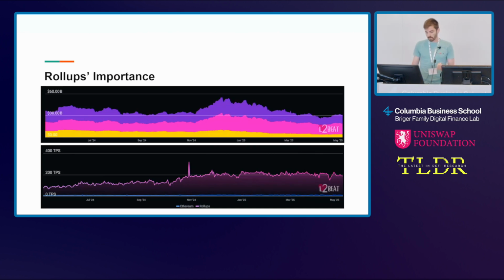But more importantly, the number of transactions per second processed by L2s is around 200, whereas for Ethereum it's 12. So clearly a large user base and a lot of funds have moved to L2s, and basically they have been secured by L2s, and users interact just with L2s nowadays.